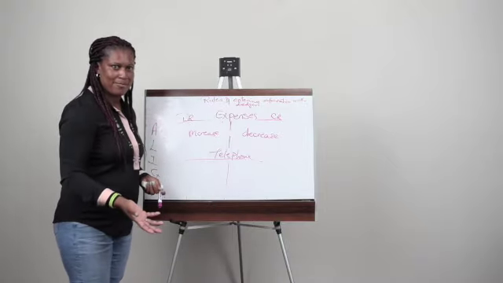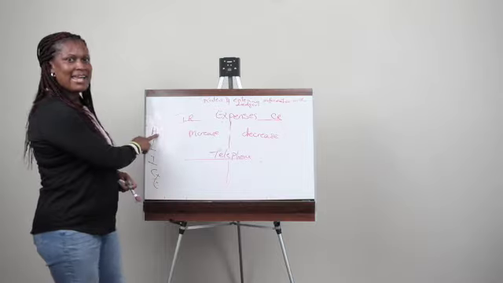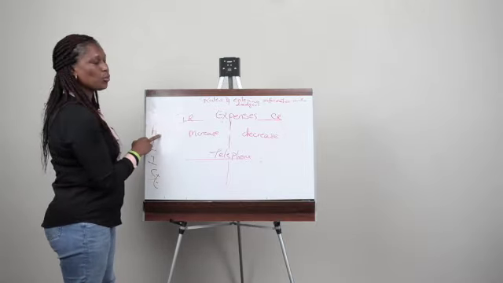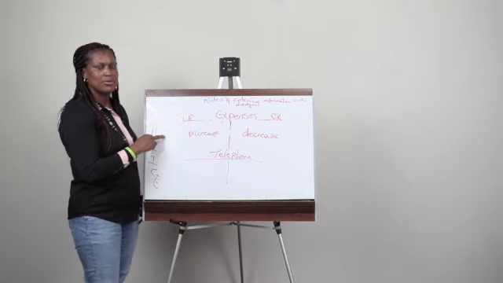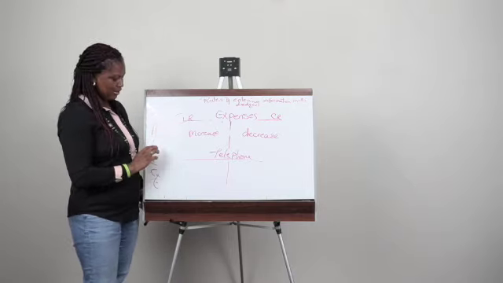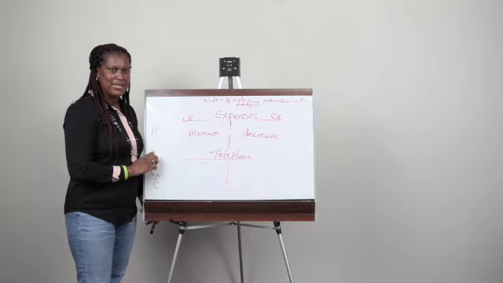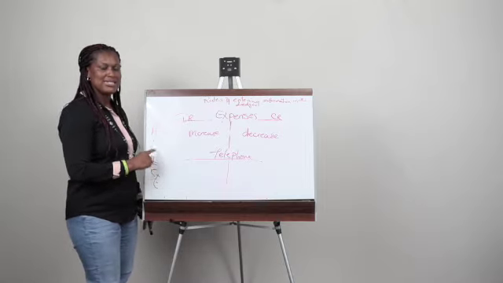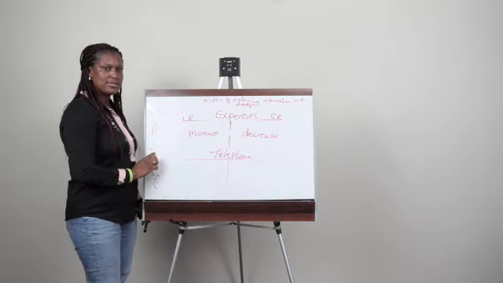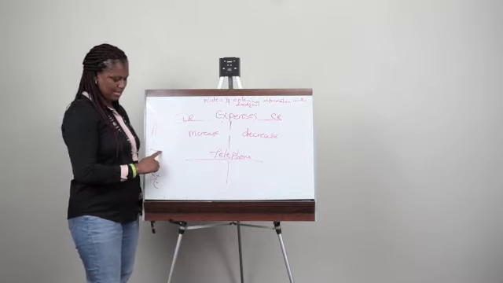Let's recap them. An asset is anything that the business owns, and to increase an asset, we debit. To decrease an asset, we credit. A liability is what the business itself owes, to businesses or persons. To increase, we credit. To decrease, we debit.